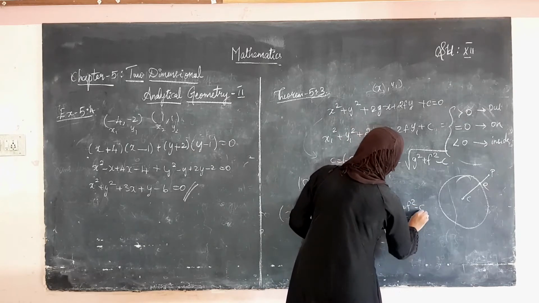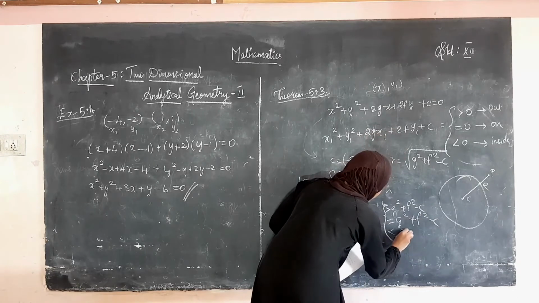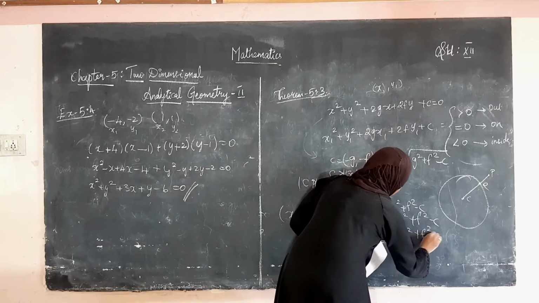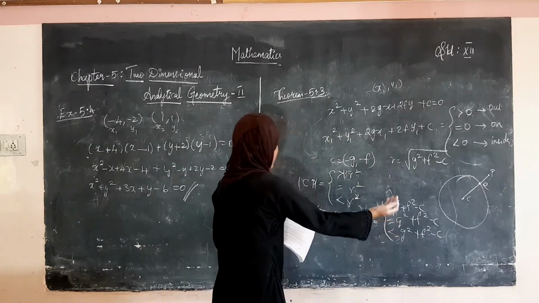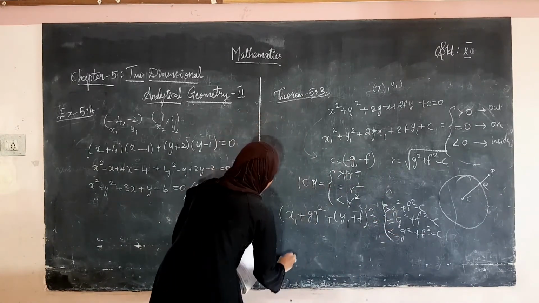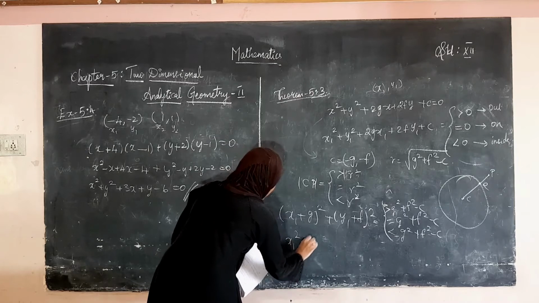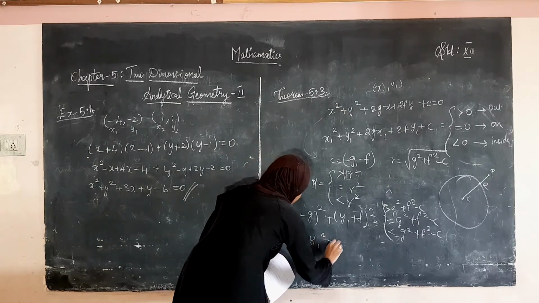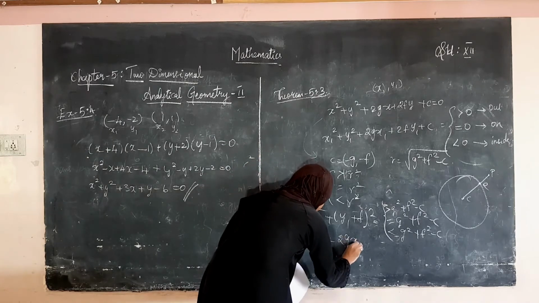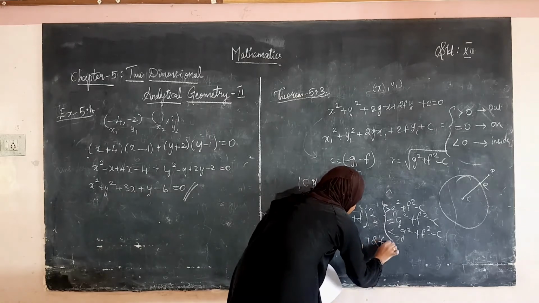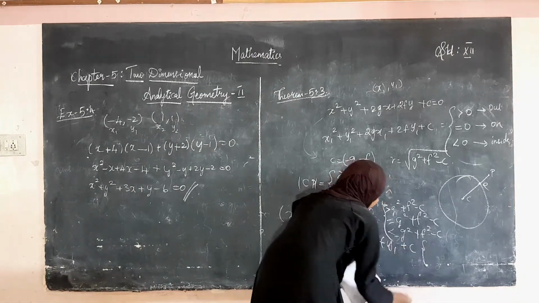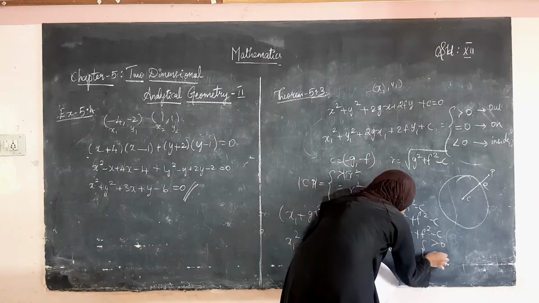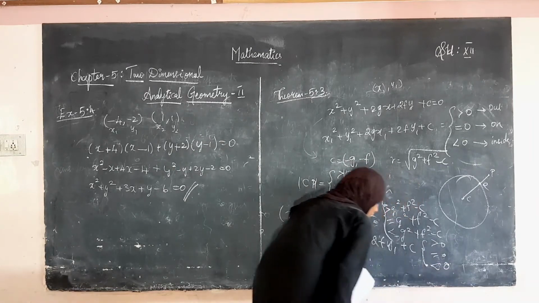Take this g square plus f square minus c to this side. So the equation is x1 square plus y1 square plus 2 g x1 plus 2 f y1 plus c is greater than 0, equal to 0 or less than 0.